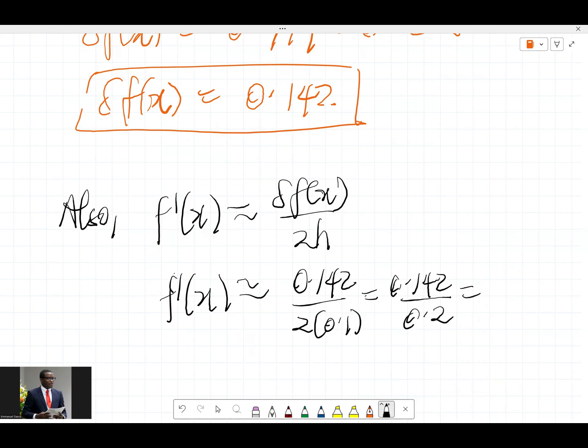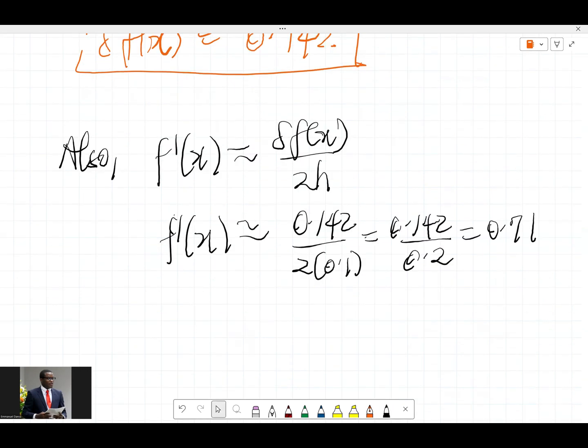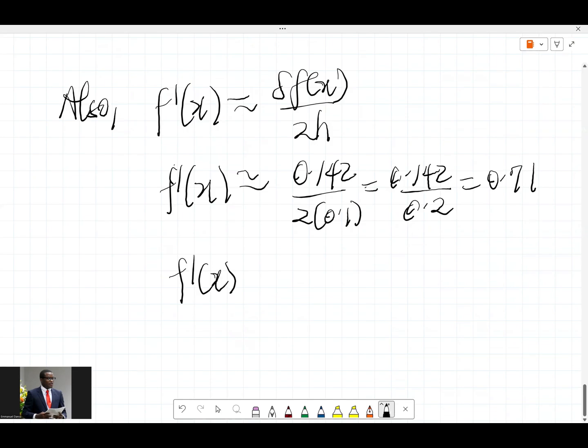That is the same thing as 0.71. So you see now that f prime of x is equal to 0.71.